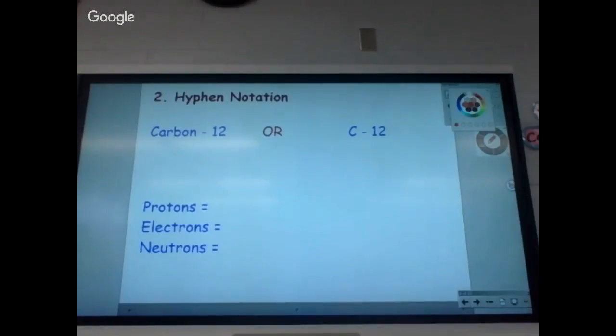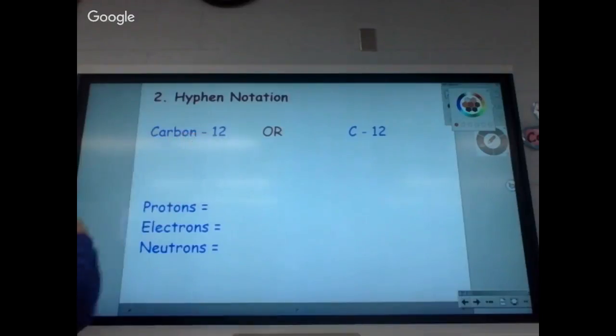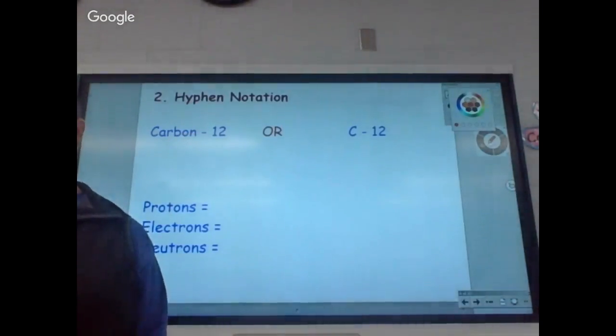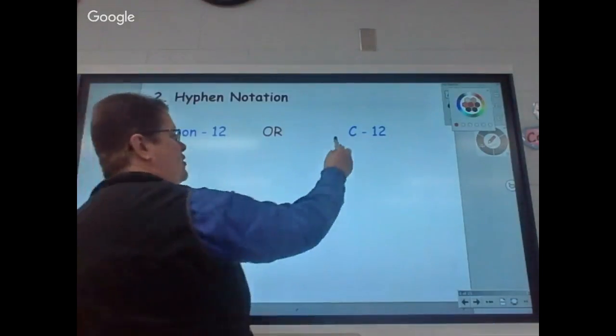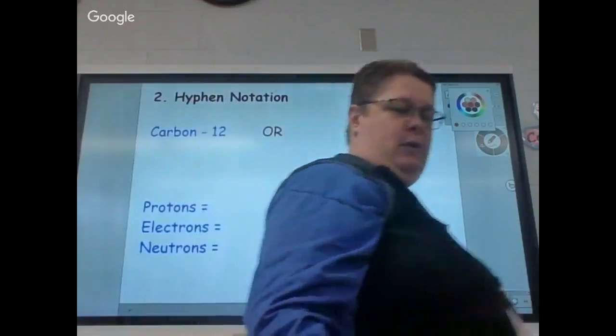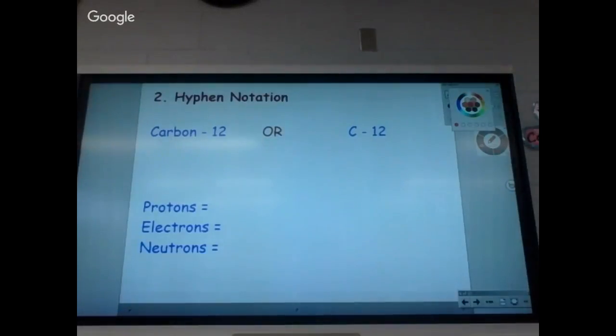Now, you can either have it with the full name written out and it says carbon-12, or sometimes, you rarely see this, but sometimes you will, they can just use the element symbol like C-12. Okay? Most of the time it's going to be carbon-12. But sometimes they will write the symbol of the element.